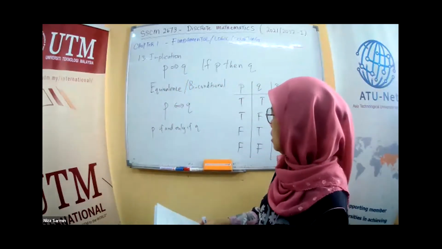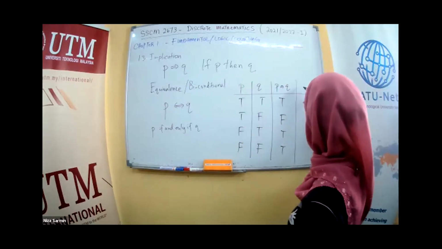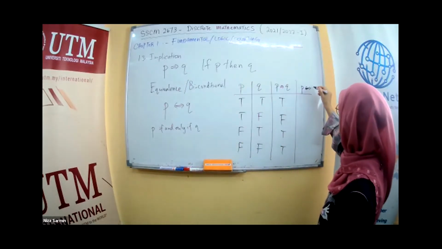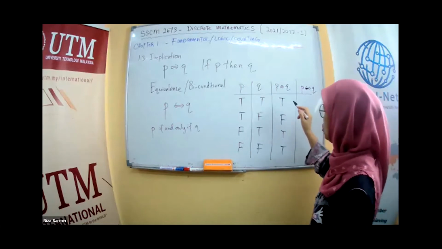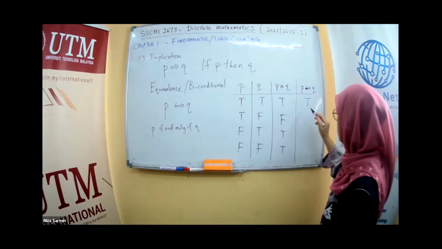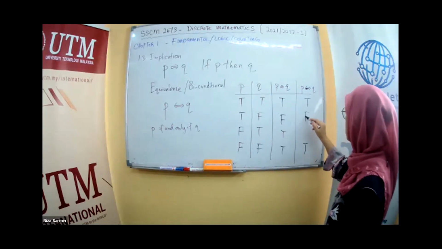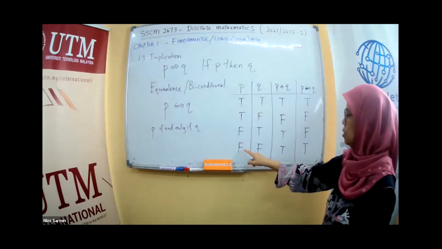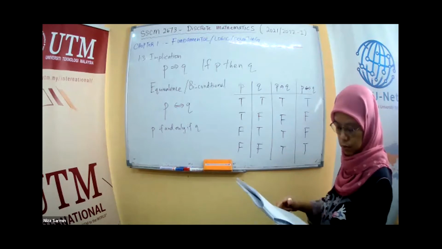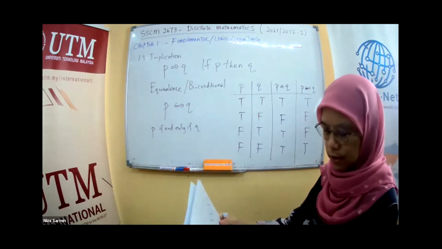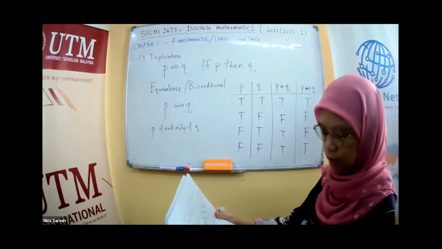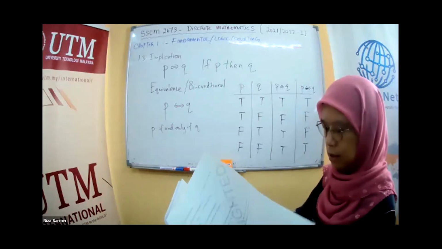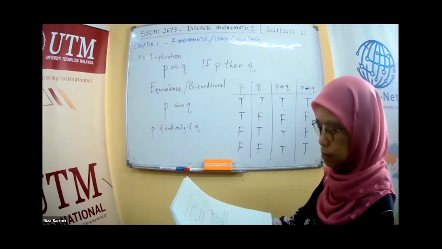Now this I add another one, yeah? So this is only true if both are true or both are false. Itu dia punya ni lah. Alright. Okay, you can fill in the table there. Leave it blank.